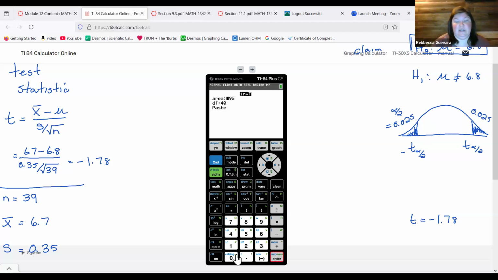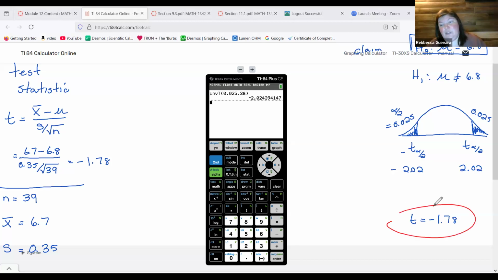So if I look at 0.025, and I have 38 degrees of freedom because my sample size is 39, this score is negative 2.02, meaning this one over here is 2.02. So that means my test statistic is going to fall here. It is not in the critical region. We fail to reject the null hypothesis.